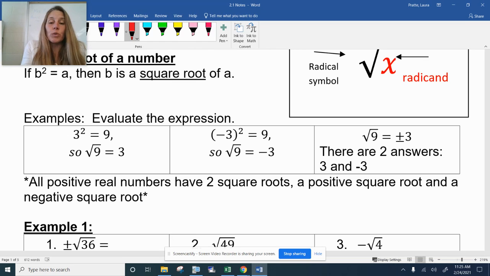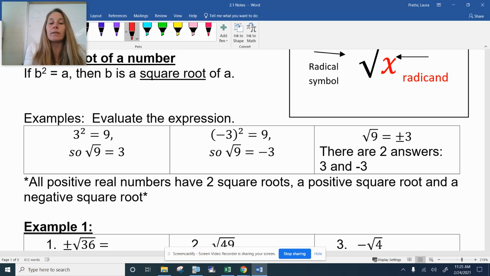But it also works with negatives as well. So if we took a -3 and we squared it, that would be like saying -3 times -3, which we know when we multiply a negative by another negative, we end up with a positive answer, which is why it equals +9. So if we think about that backwards and we say the square root of 9, well, it could also technically be -3 then because -3 times -3 was +9.